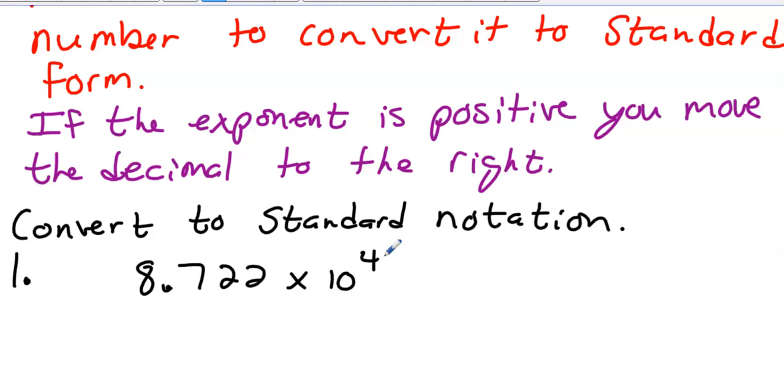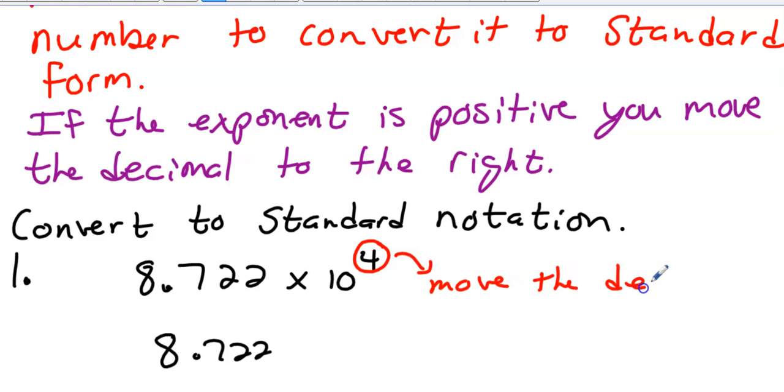And all that means is you'll take the number that you get here, and the exponent tells you how many times to move the decimal. Again, whether it's positive or negative tells you which way to move it.